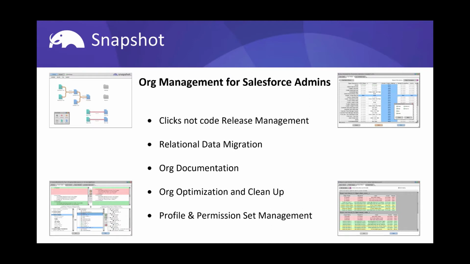And in addition to relational data migration, Snapshot also includes clicks not code release management, comprehensive org documentation, a whole bunch of org optimization and cleanup tools for getting rid of technical debt, as well as a suite of tools that manage profiles and permission sets. So if you're looking for some of those things in addition to data migration, our Snapshot tool is a great way to go because it'll handle all of those functions for you.